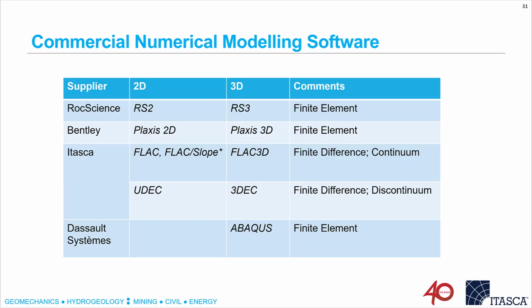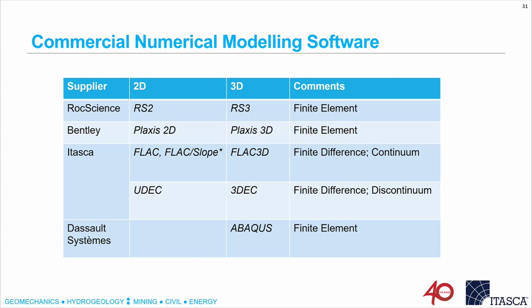The commercial software that use these methods are shown here. The first, second, and last one are the finite element models in 2 and 3 dimensions, and then the Itasca models, the continuum models in the upper line, and then UDEC and 3DEC in the lower line.